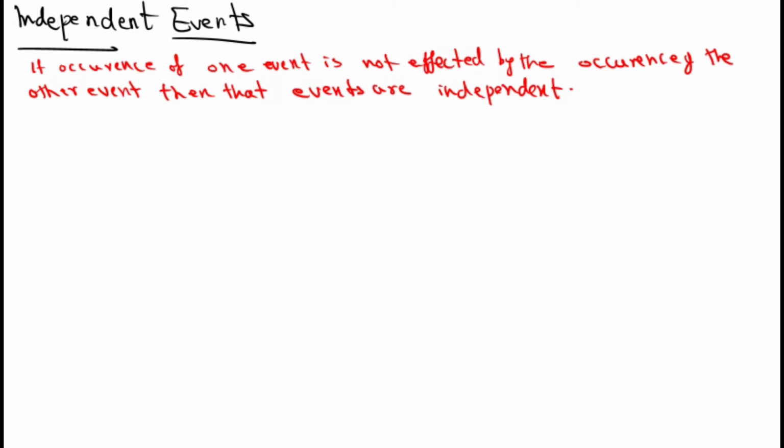For example, I'm taking an example. Consider there are 8 red balls and 5 green balls. 2 balls are taken out, one after another.